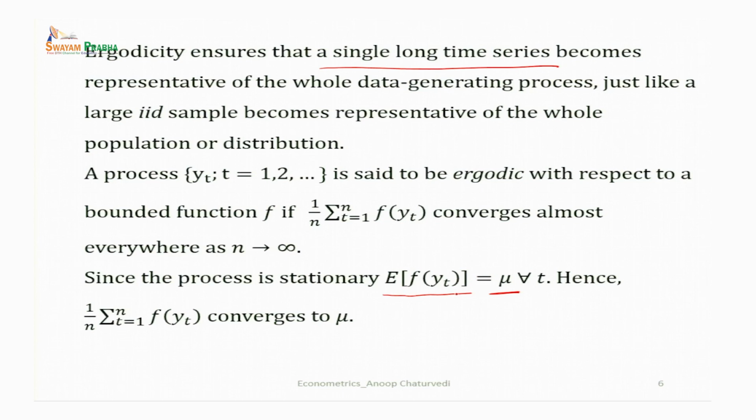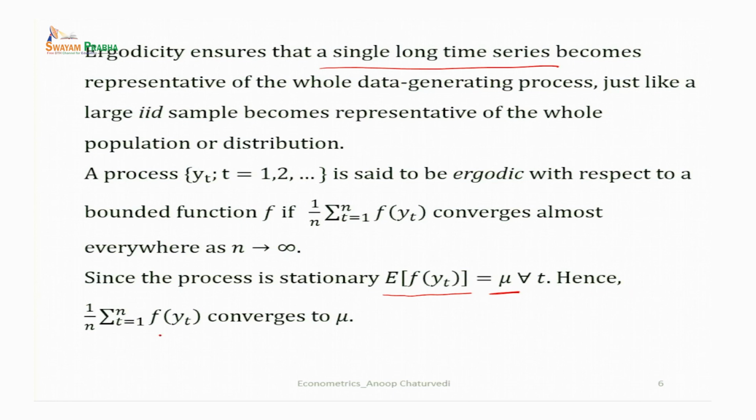So, expectation of f y t is equal to mu for all t, but stationarity does not ensure that this expectation is unique, or 1 upon n summation f y t converges to a unique value. Now, by ergodicity, we ensure that 1 upon n summation f y t converges almost everywhere as n tends to infinity, and expectation of f y t is mu.